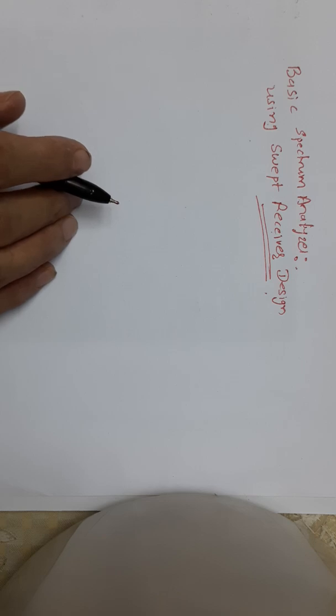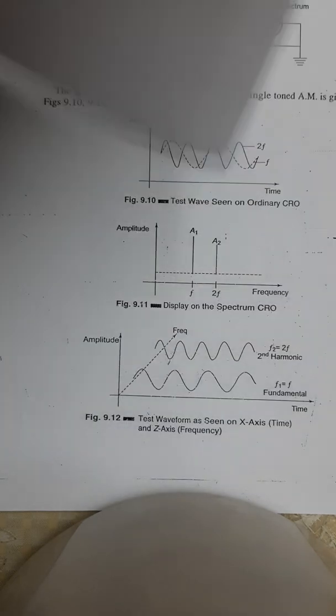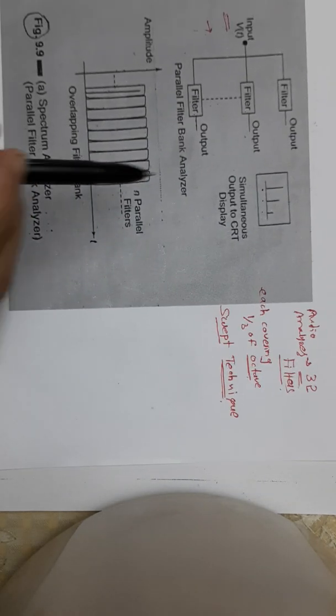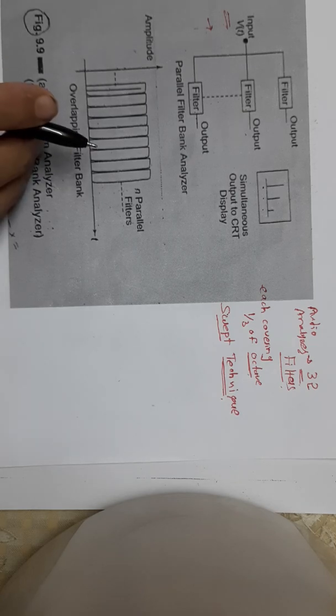I repeat, spectrum analyzers use either a parallel filter bank or a swept frequency technique. This was our parallel filter bank technique, and now we are discussing the swept frequency technique.